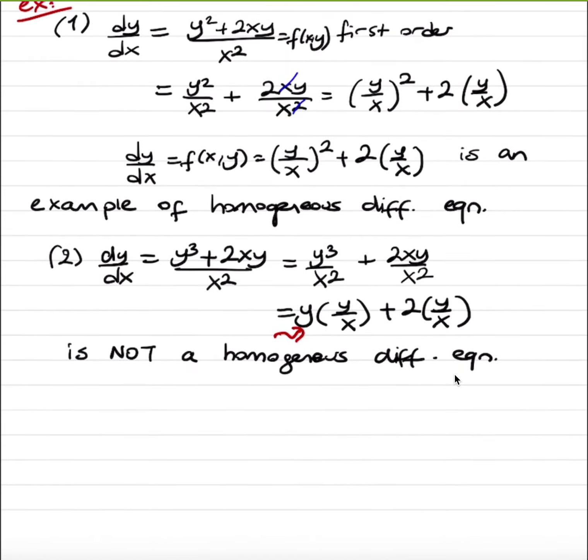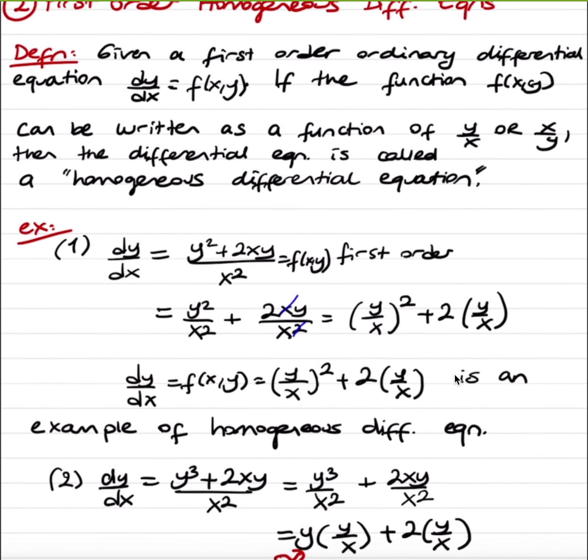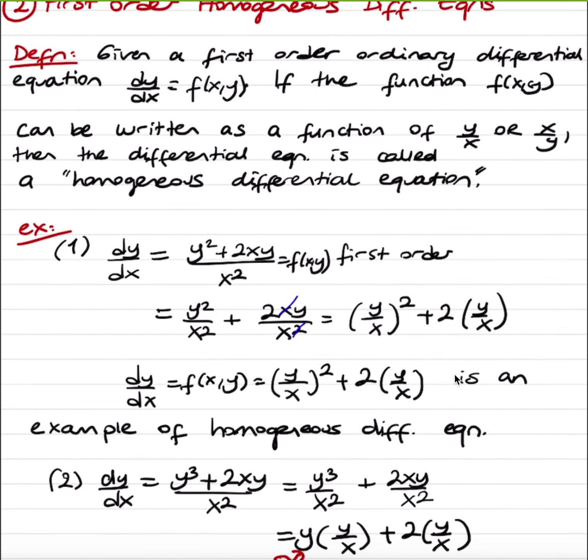Okay, let me give another example. For example, let's say dy over dx is equal to ln x minus ln y plus x over y. If you look at this, can we write f of x y as a function of y over x or x over y?